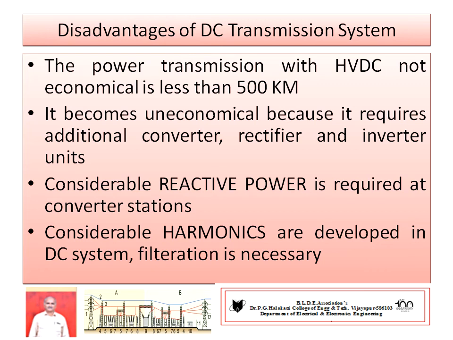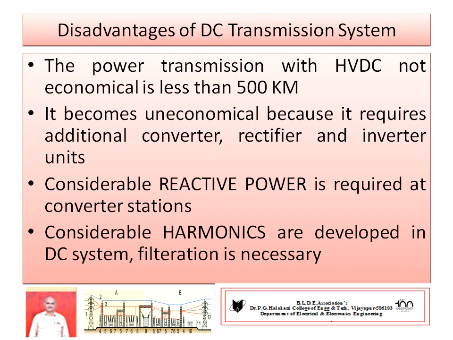Considerable reactive power is required at converter stations, because at the sending end we are converting AC to DC, and at the receiving end we are converting DC to AC. Where AC is involved, there is a requirement of reactive power.